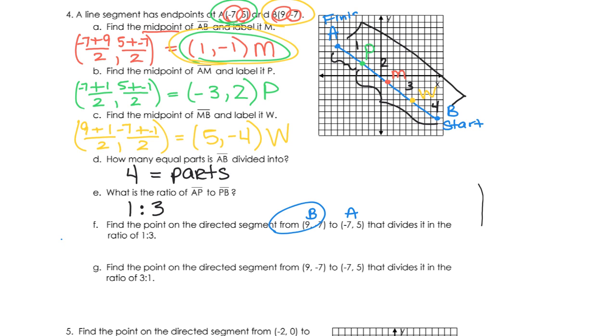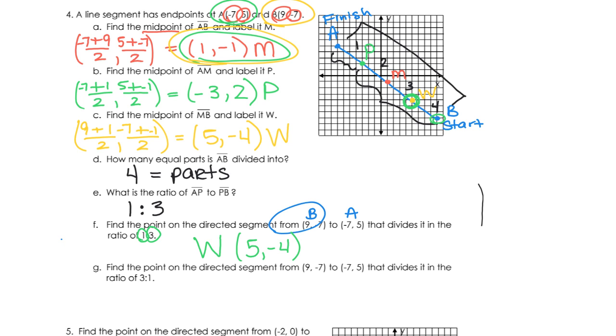This is my finish. Okay, that divides it into a 1-to-3 ratio. So what that means is that you want to start at B. You want to travel 1 equal part, which would leave us at W, and leave 3 equal parts left to go. And so that's going to end up being W. Okay, and W is at 5, -4.